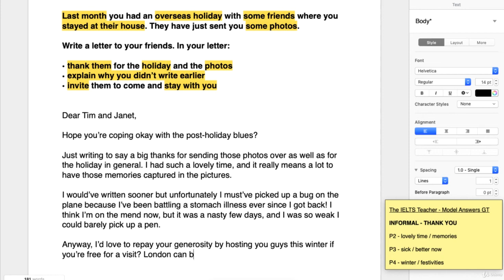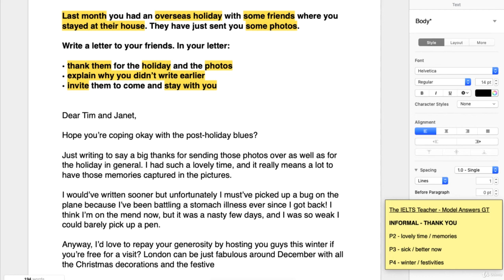Well, London can be just fabulous. So a nice adjective can be just fabulous around this time of year, December basically, with all the festivities, let's say with all the Christmas decorations. And we will use that word festivities, but we'll turn it into the adjective.